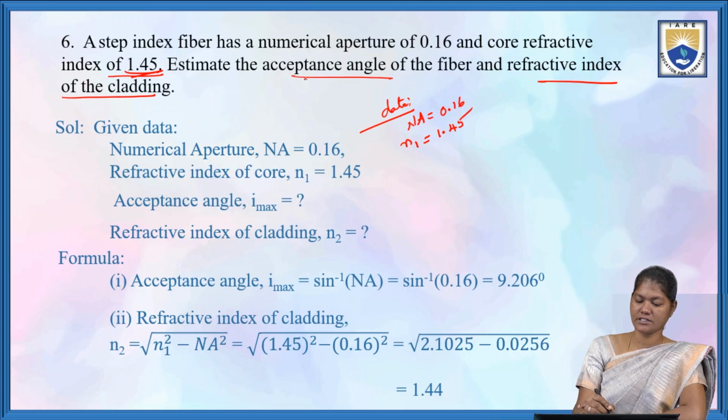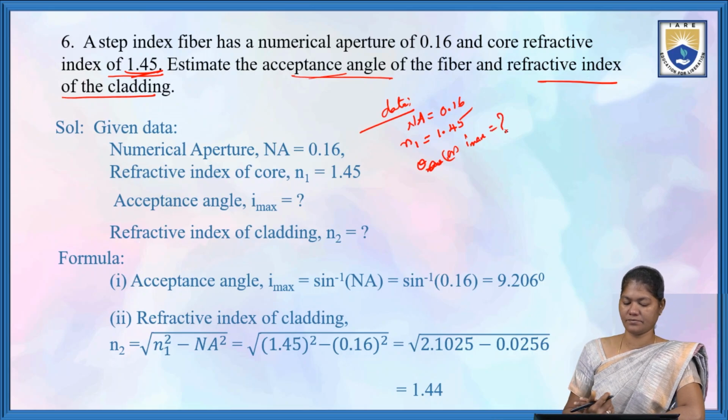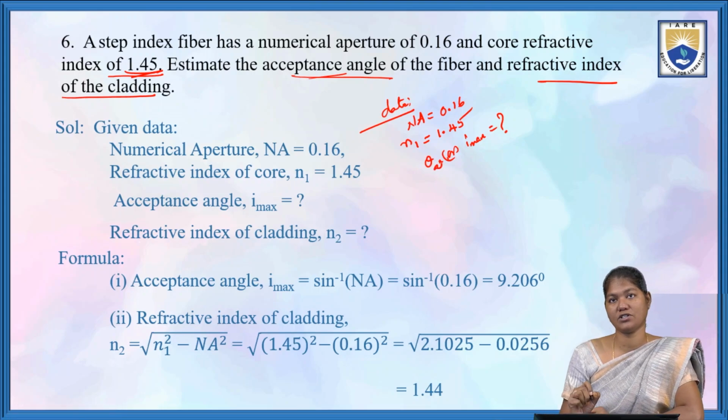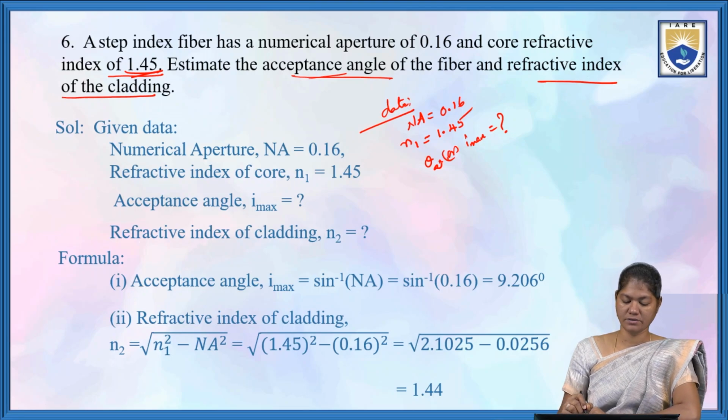And then estimate the acceptance angle. So we need theta maximum or theta A. Theta A is nothing but the acceptance angle, or in some other cases we may also mention it as i maximum, the maximum acceptance angle.